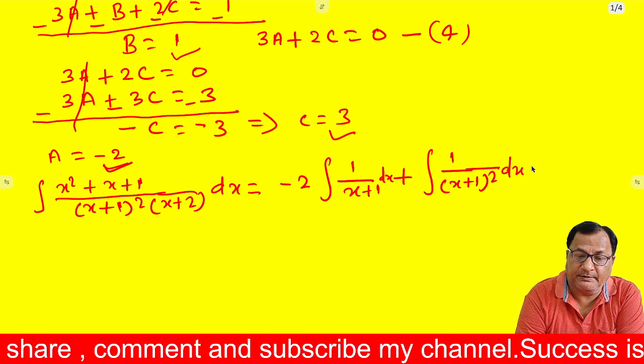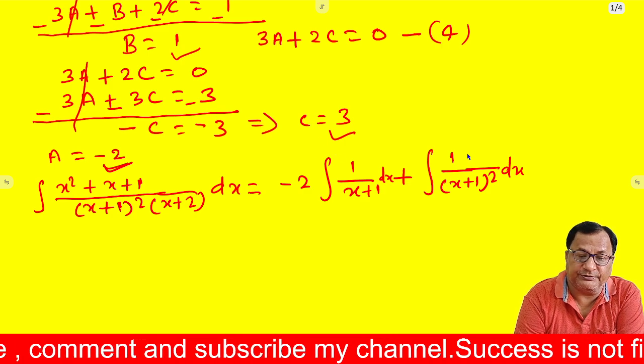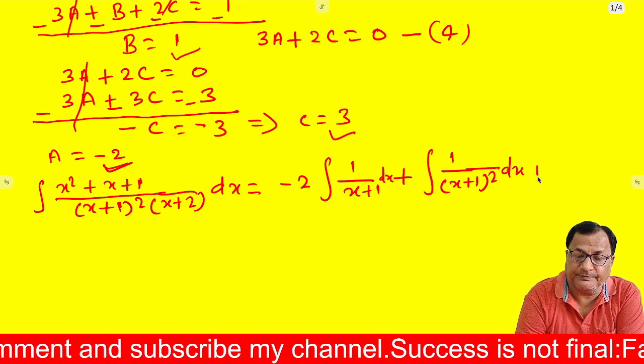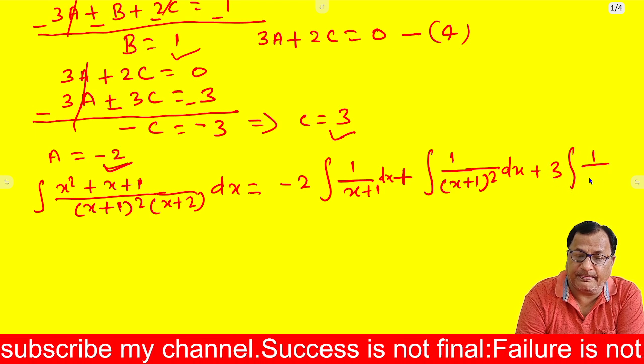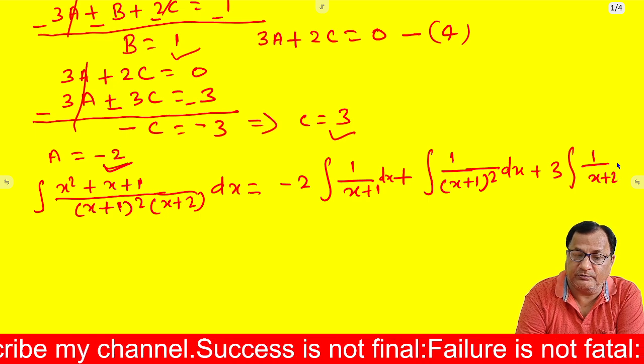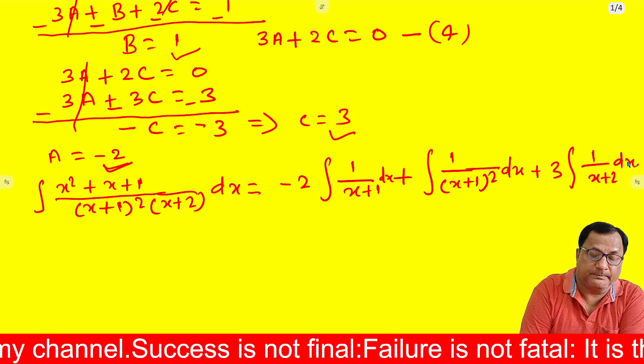And c is equal to 3, so 3 times 1 by (x plus 2) dx.